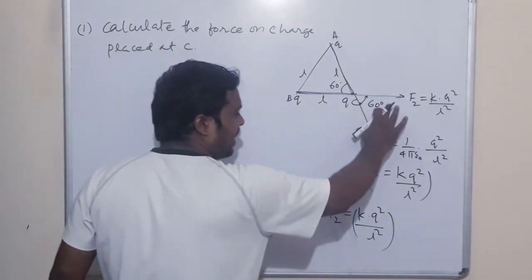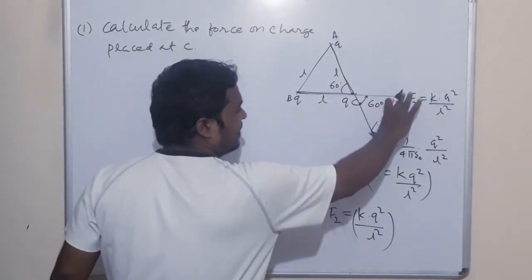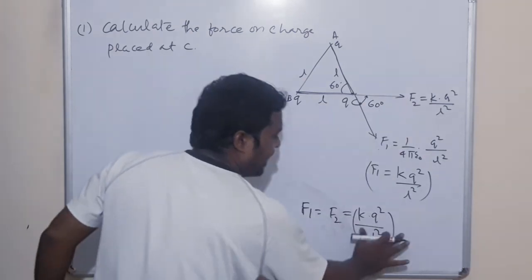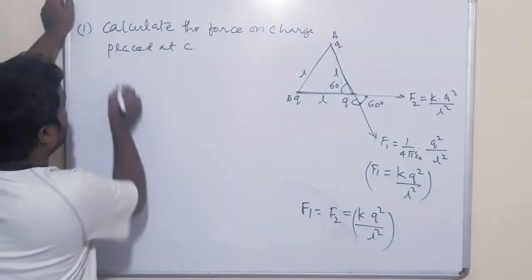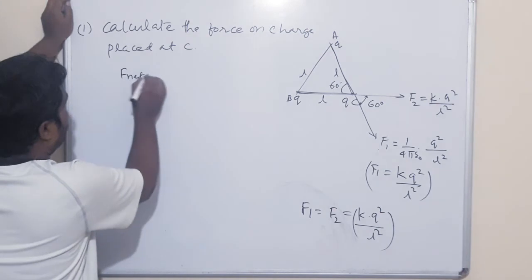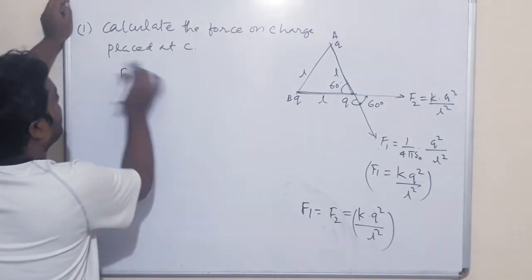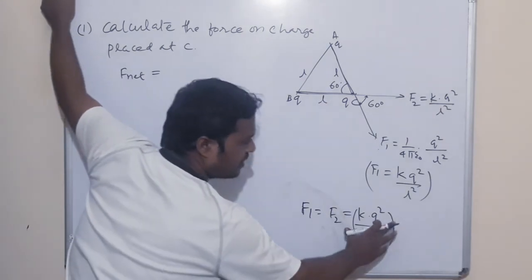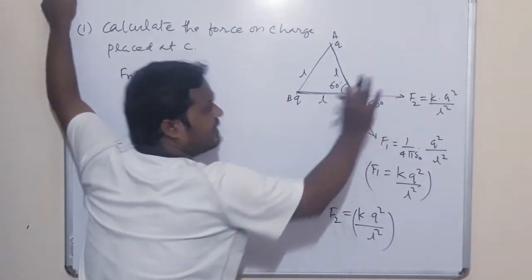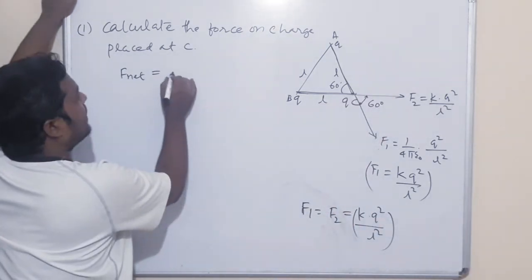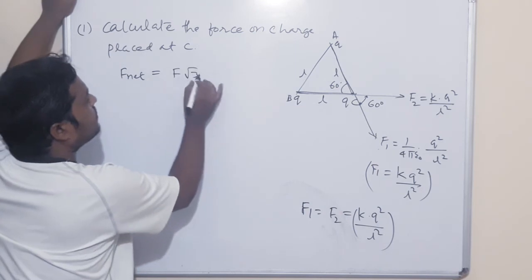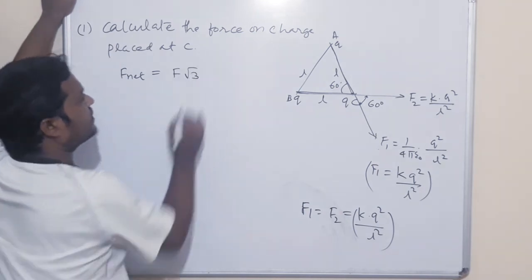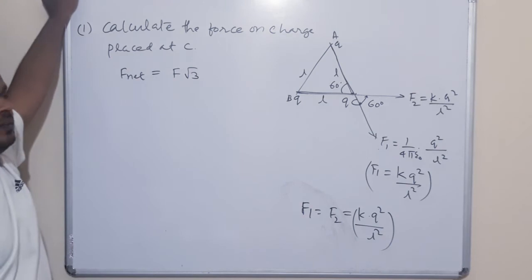These two forces are inclined at an angle theta and they are equal. Directly we can write net force acting on the charge placed at C will be equal to, see, two equal forces, angle is 60. Then I will write it as F root 3, which we studied in that table.